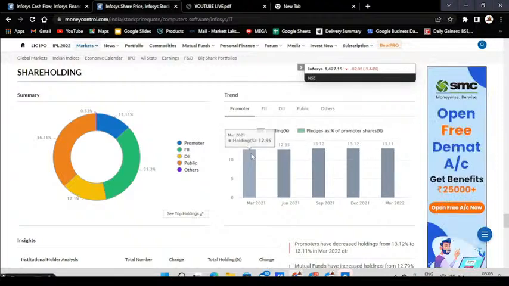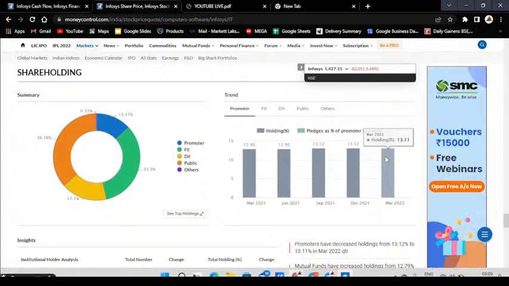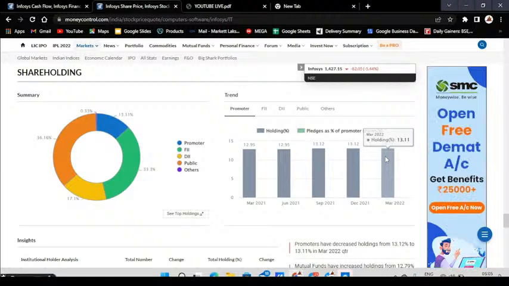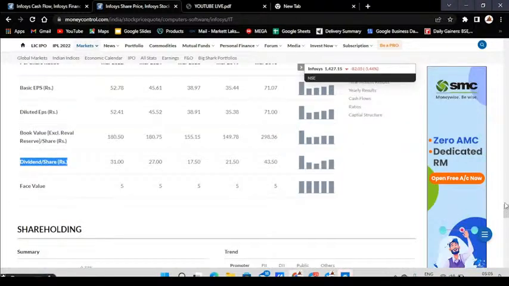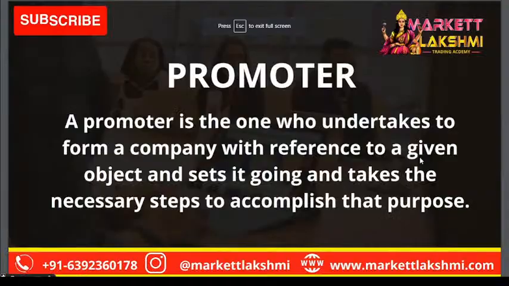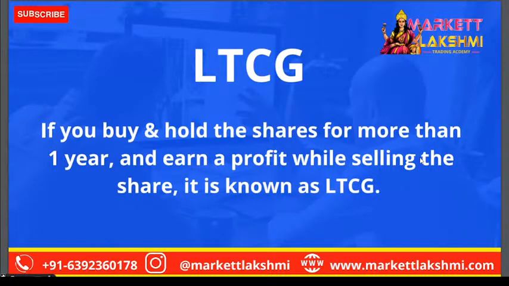Now, in promoters holding also there is not much difference, although it has increased to a slightest level from 12.95 to once it came to 13.12, then again it is 13.11. Simple. So now you guys know what promoter it is, how you can check promoter holdings on money control, how you can check FII holdings, how you can check DII holdings. Why you need to check those things, we will talk when we will learn fundamental analysis.